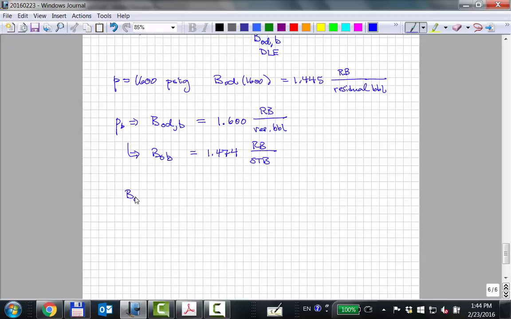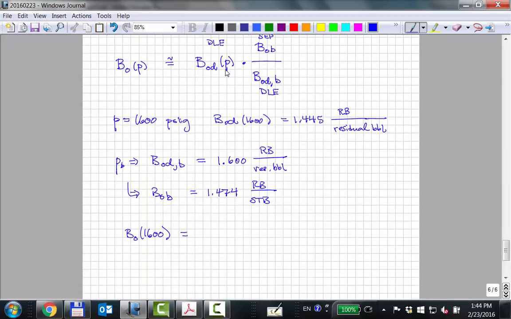So the BO that you need for engineering calculations at 1,600 pounds would just be this equation here: the BOD at pressure, 1.445, times the BO at the bubble point, 1.474, divided by 1.600. Somebody help me?